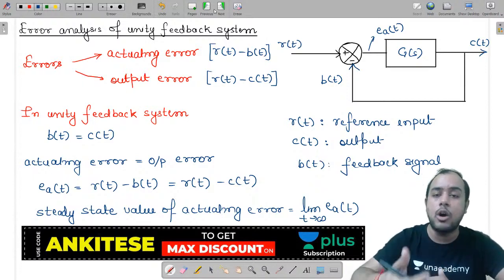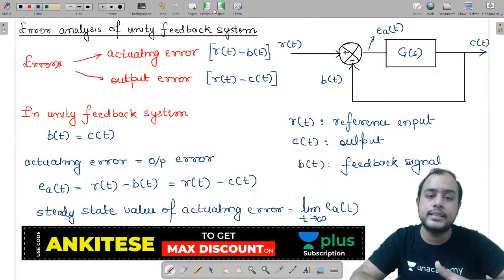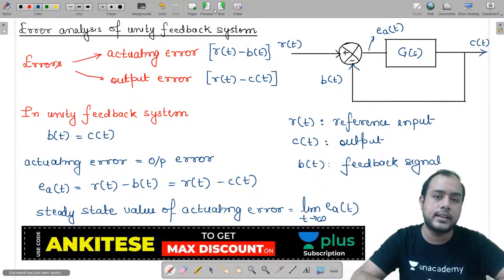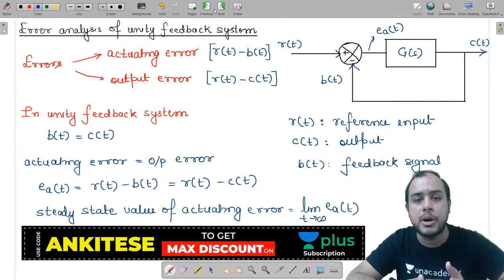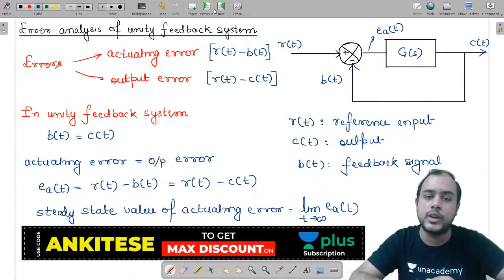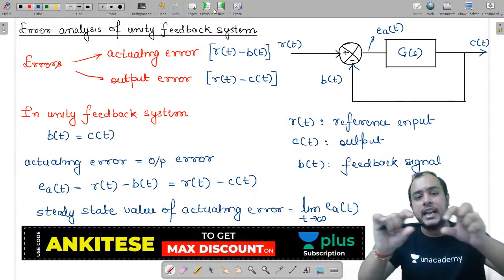Vashisht, basically without closed loop system we can't talk about error, because the only reason that we came to the closed loop system was we wanted to minimize the error. Now if you start talking about the error in an open loop system, an open loop system will always be inaccurate. Why inaccurate? Suppose I cover your eyes. Suppose I blindfold you.